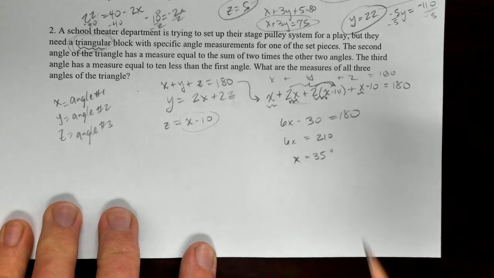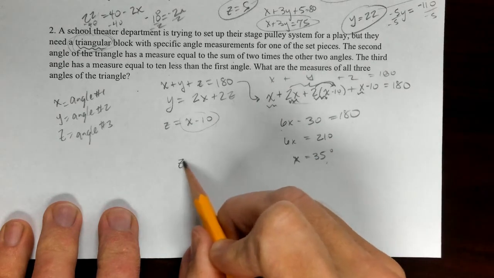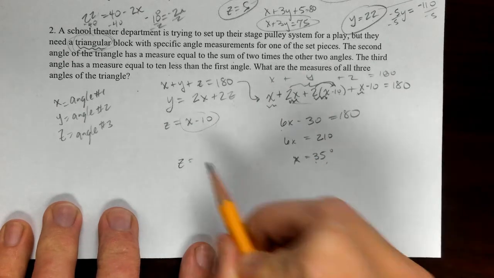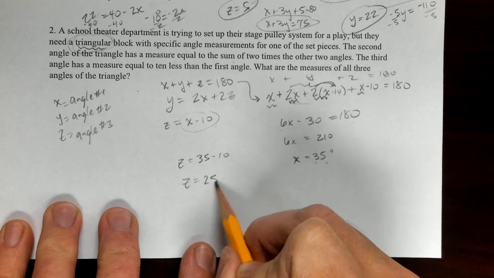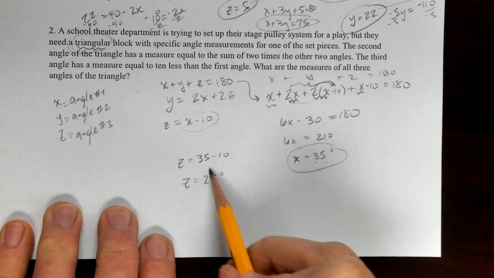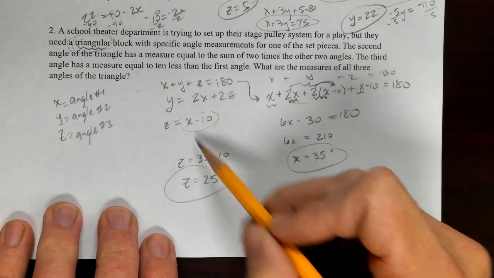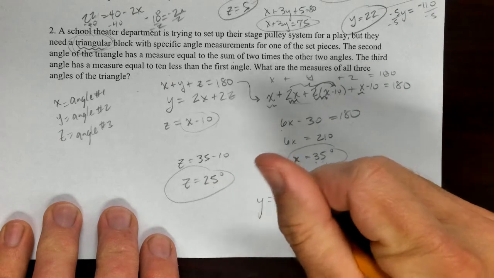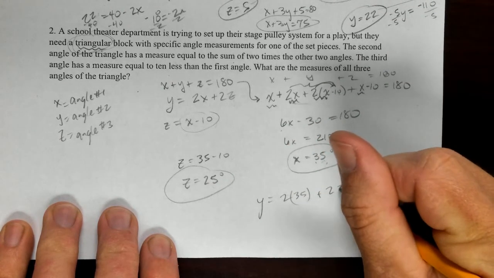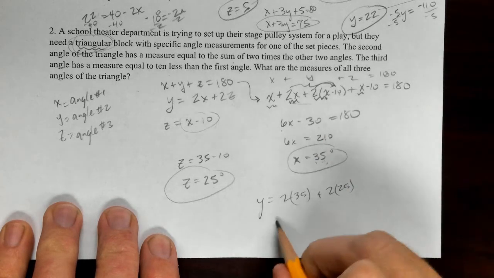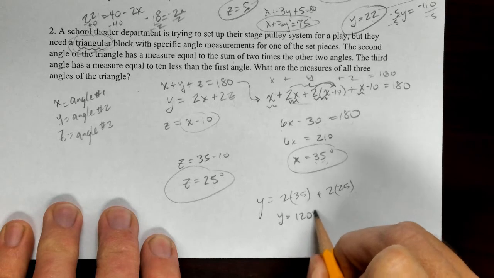Now we know what X is, so we can find Z. Z is equal to X, 35, minus 10. So Z is equal to 25 degrees. Now we know what X is, we know what Z is, we can find Y. Y is equal to 2 times 35 plus 2 times 25, so Y is equal to 120.